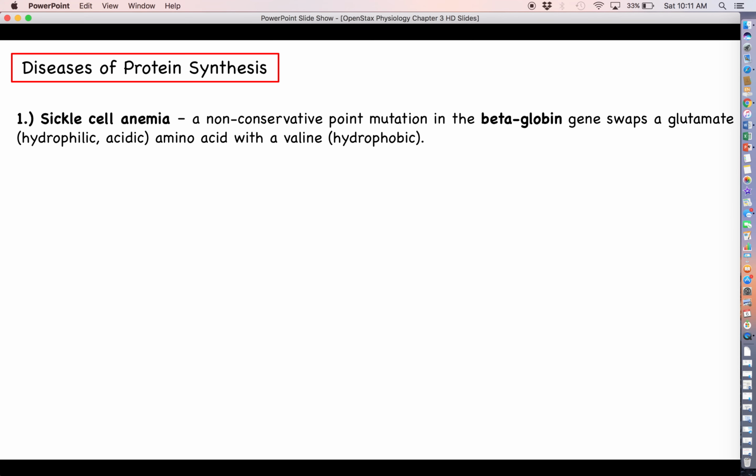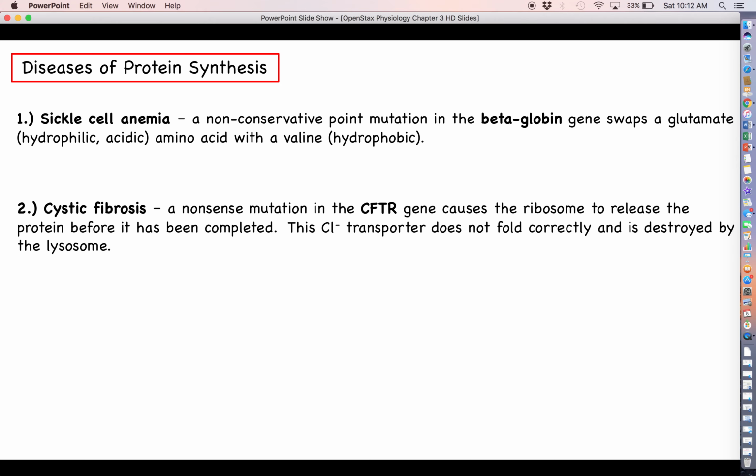What is supposed to be in that beta globin protein is the amino acid glutamate, but because of the mutation, we instead replace that hydrophilic glutamate with a hydrophobic amino acid called valine. This causes the beta globin to not fold correctly, and it causes hemoglobin to start tangling up into long fibers, and that causes the red blood cells to form that telltale sickle shape.